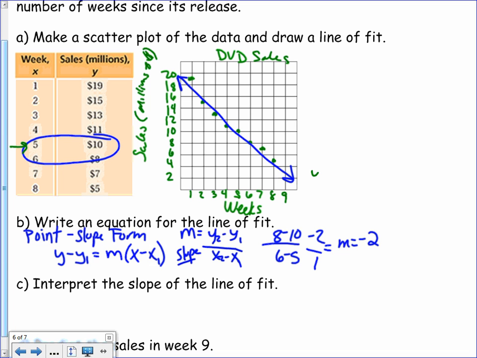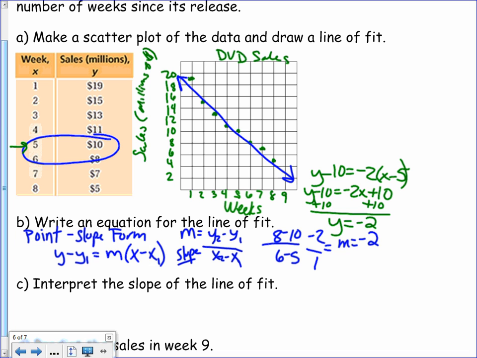So I have y minus my y coordinate, 10, equals my slope of negative 2, times x minus that x coordinate, which was 5. Now I'm just solving this to get it into slope-intercept form. -2 times -5 is 10. Add 10, and I get y equals -2x plus 20. So an equation for that line of fit is y equals -2x plus 20.